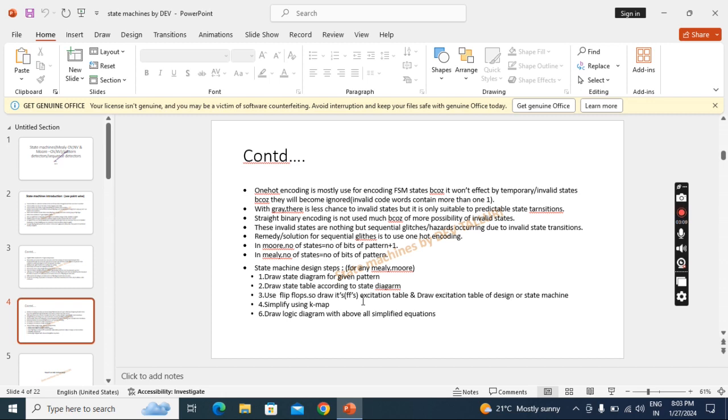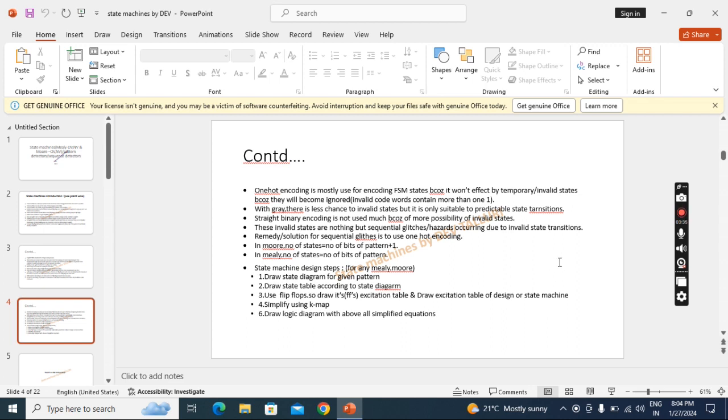Then after the excitation table of the design, we have to do K-map simplification for the output and flip-flop inputs. Then for all those simplified expressions, we have to draw the logic diagram. Then that circuit will become the state machine circuit or state machine design.